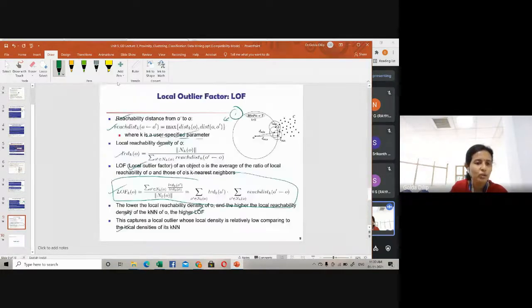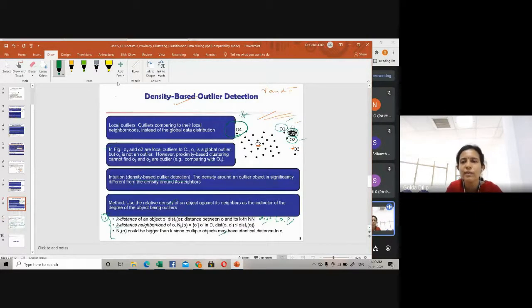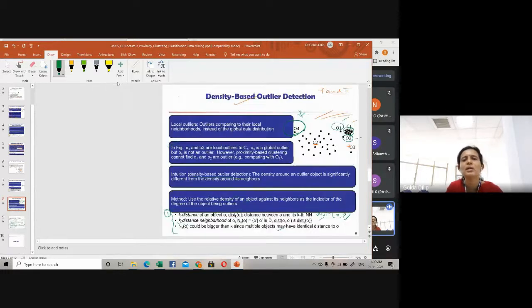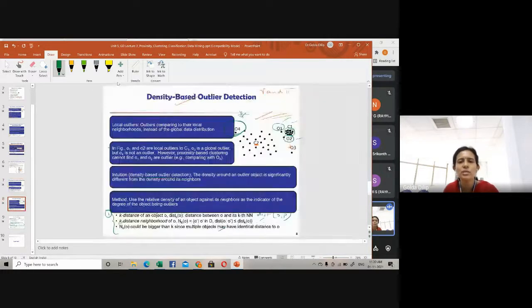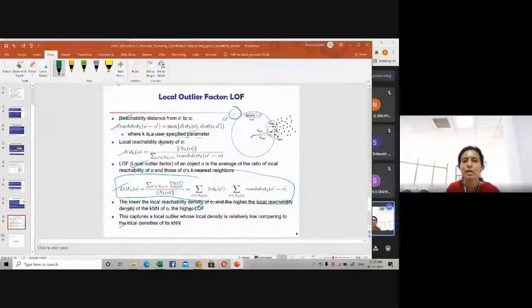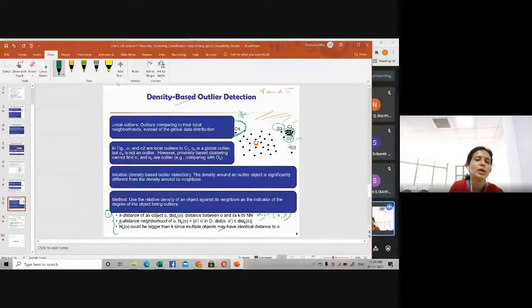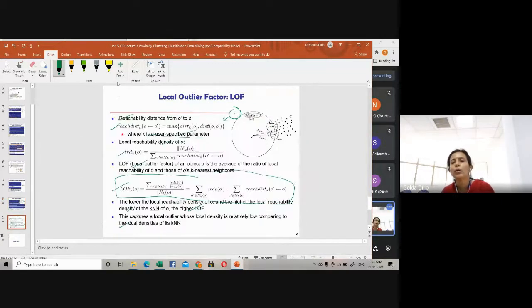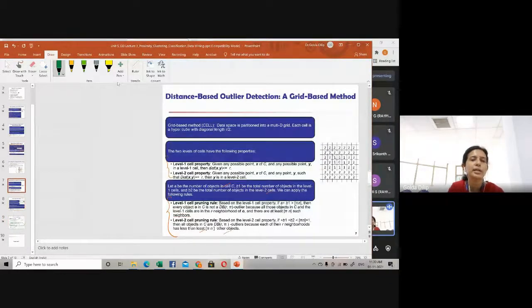That completes our syllabus. It could be a little confusing with all these equations, but there is no need to worry about them. You can just write the concept of density based outlier detection, when it is required, and what the concept of LOF is, and why we need it rather than just global outlier detection as outlined in the distance based measure.